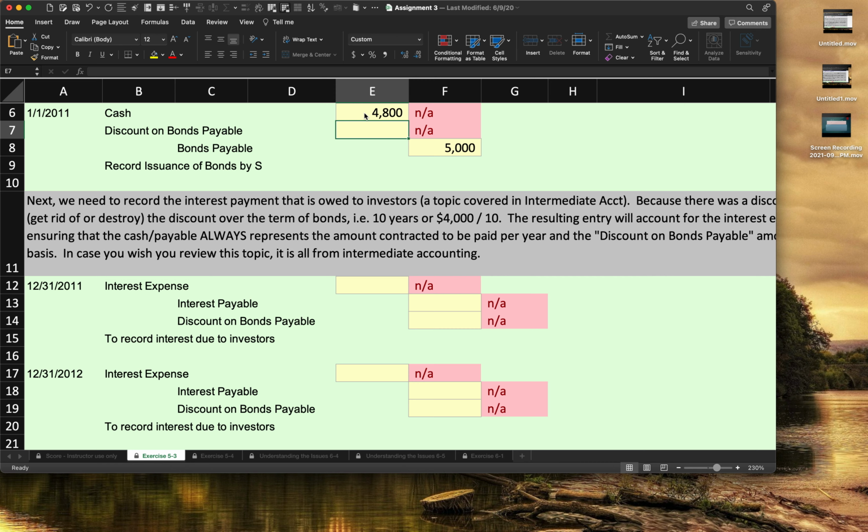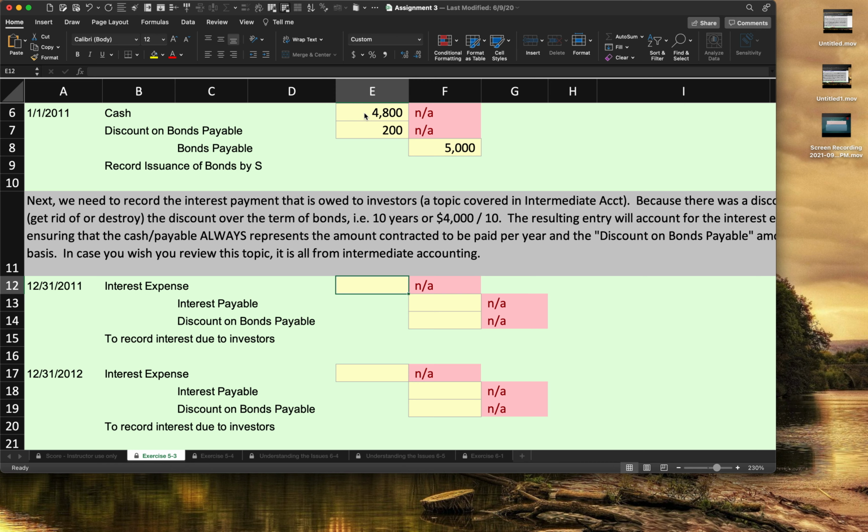All right, so how do we balance this journal entry? How do we ensure that the debits and credits are equal? Because now we have accepted cash, yet we have an obligation to pay $5,000, more than what we accepted. Well, folks, the solution is to create a contra account that attaches to the bonds payable, which when netted together with the bonds payable account yields us the true value of the bond, or rather the carrying value of the bond as of today.